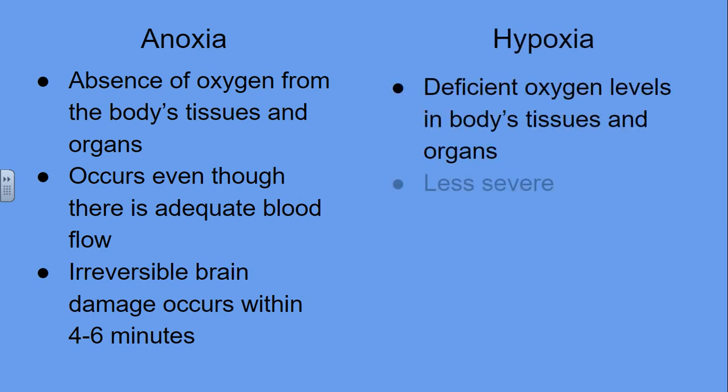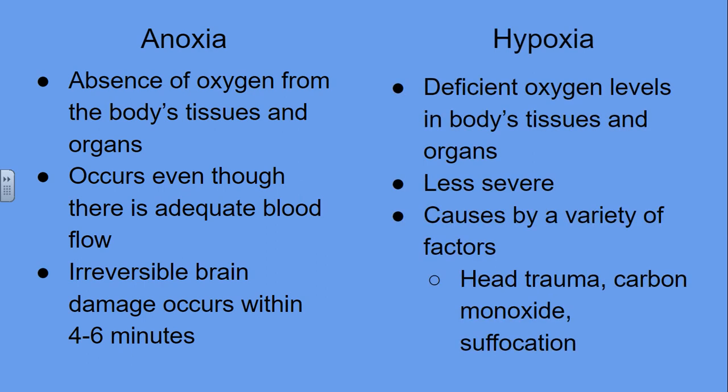Anoxia is the absence of oxygen from the body's tissues and organs. It occurs even though there is adequate blood flow, and irreversible brain damage occurs within 4 to 6 minutes. So if you don't get oxygen to their brain within 4 to 6 minutes, they'll have brain damage.